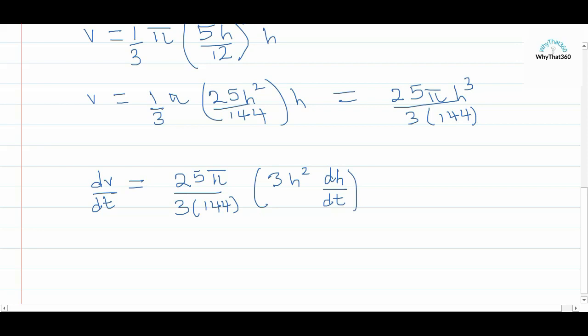And at this point we can make dh/dt the subject. Let me simplify this first. We're going to get 25 pi out of 144. The 3 can take care of that 3.